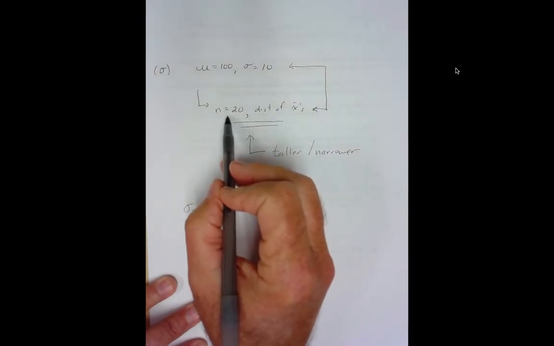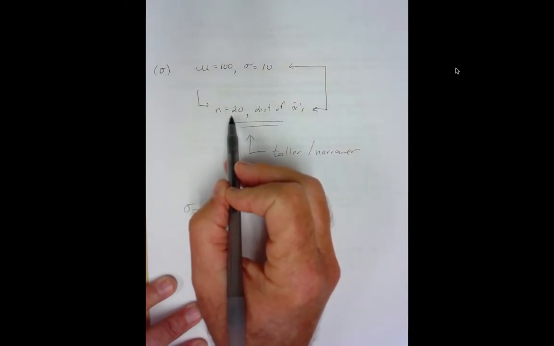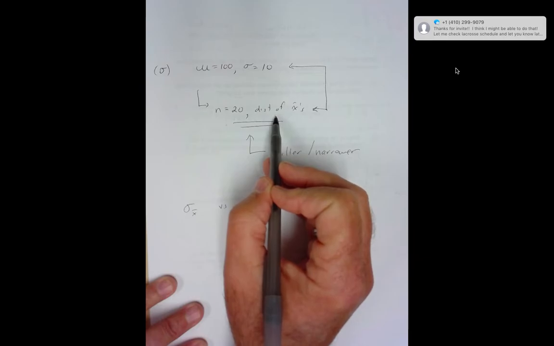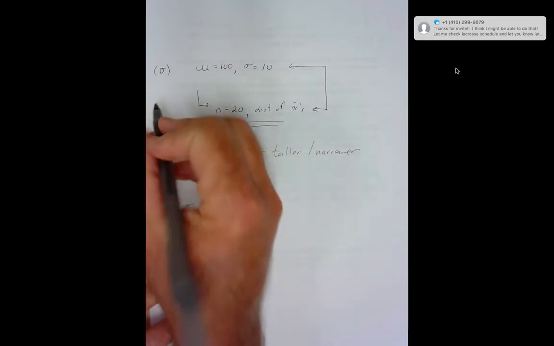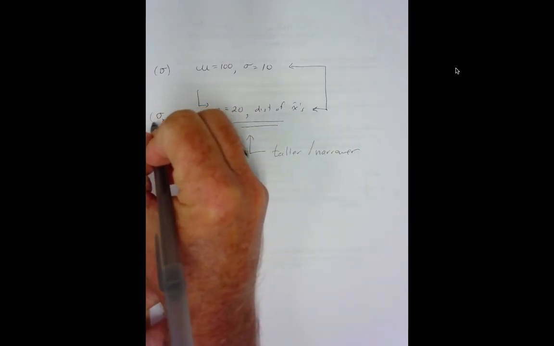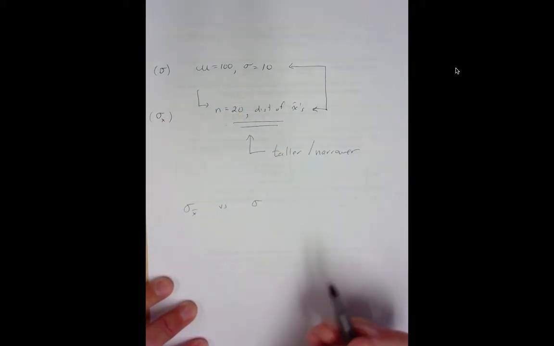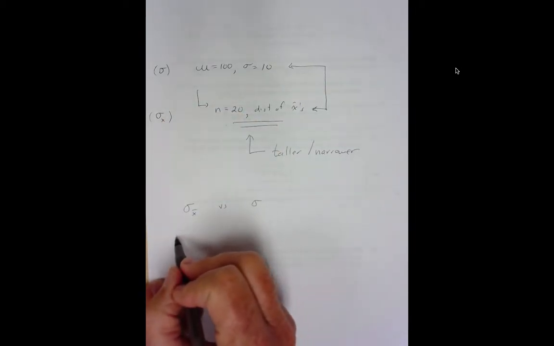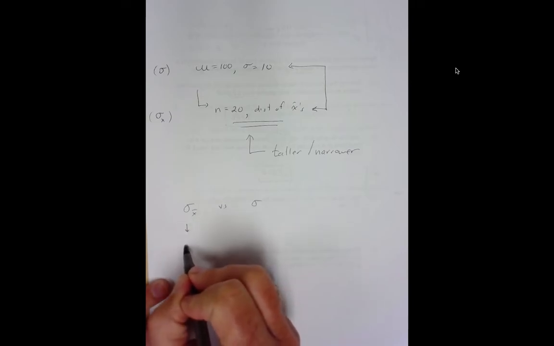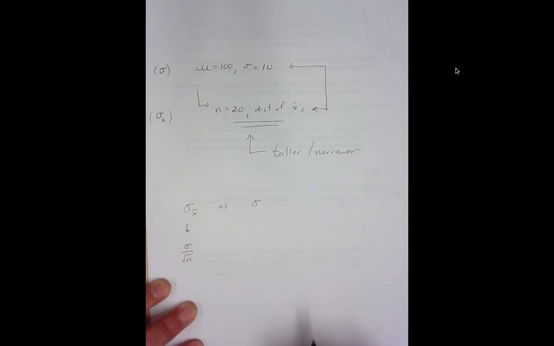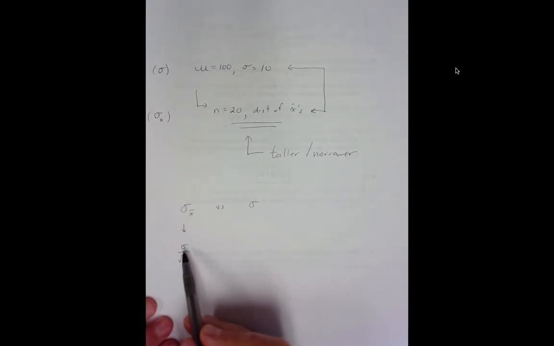But when we come down here and start taking things out 20 at a time and look at the distribution of the sample means, then we start talking about the spread in terms of the standard error. Now, the standard error, remember, is the standard deviation divided by the square root of n. Well, guys, go back to 5th and 6th grade and recall what you learned about fractions. When you increase the denominator in a fraction, what happens? This value gets smaller, doesn't it?